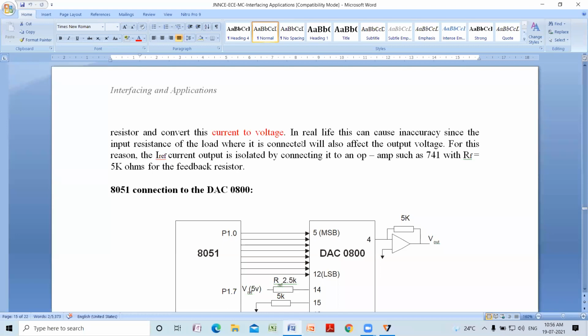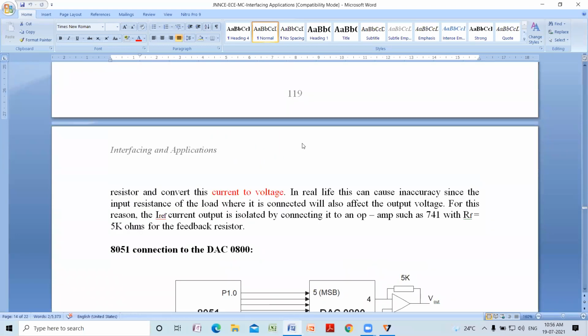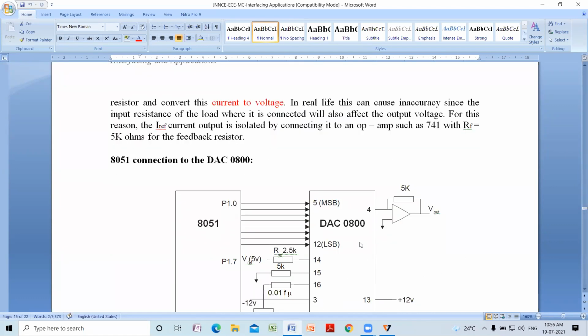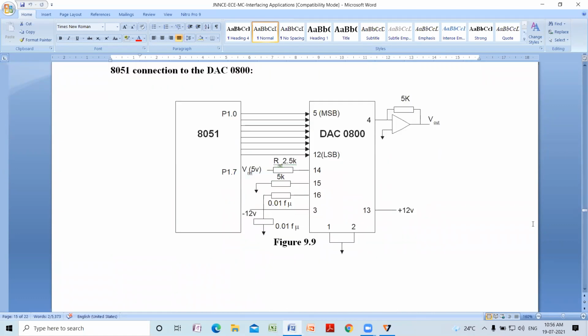So this is how it is done. The I out current output is converted by connecting an op-amp 741 with RF equal to 5 kilo ohms like this. You can just see here. So VREF you are giving plus 5 volts.